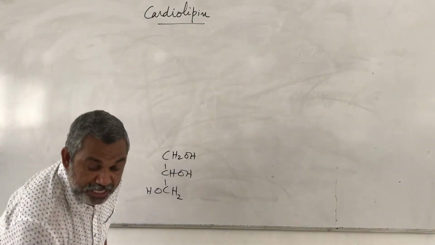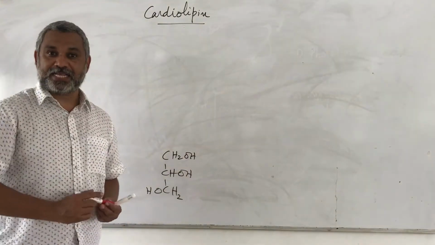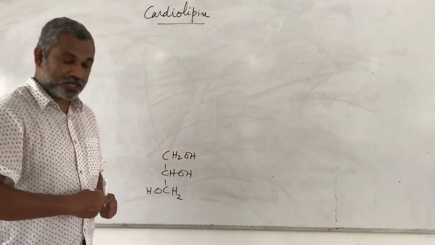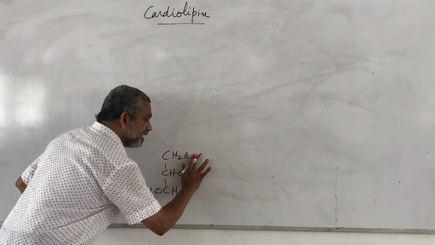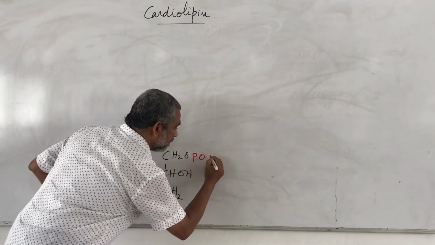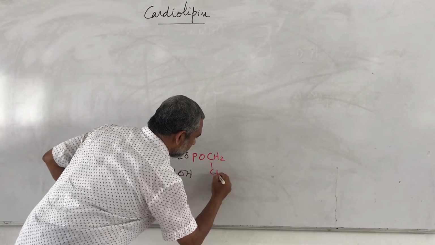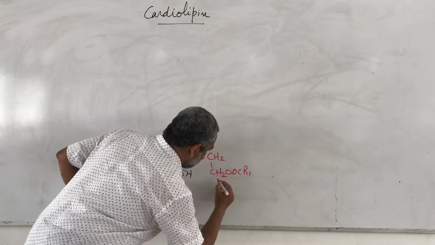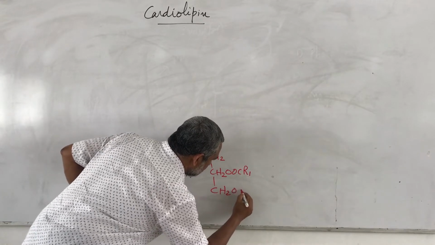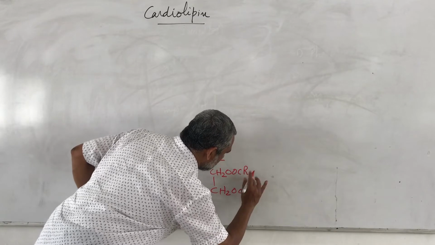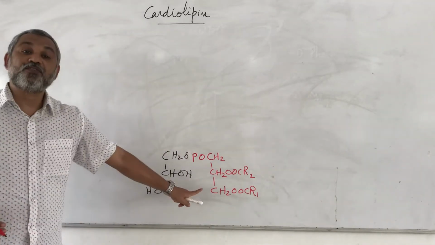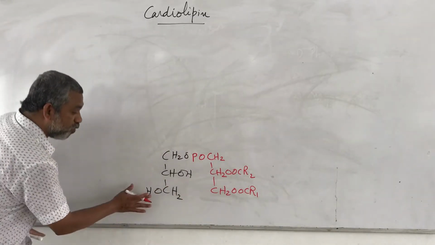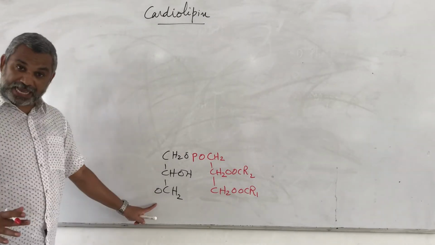Now to this glycerol, we are going to attach a phosphatidic acid. So, we will attach a phosphatidic acid here. This will be R2. One phosphatidic acid is attached. We can also attach another phosphatidic acid here.